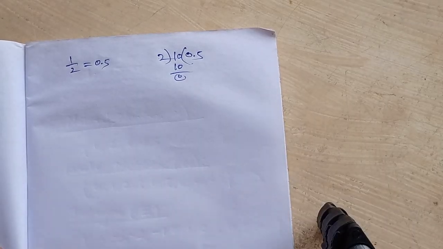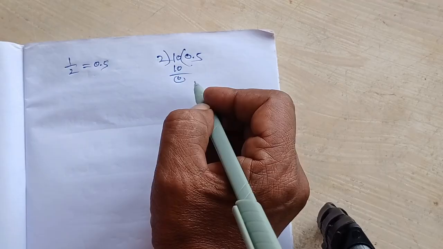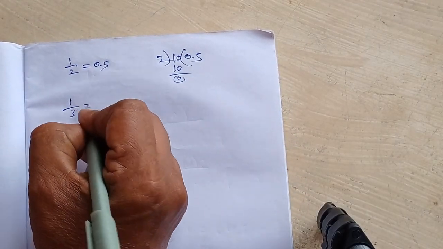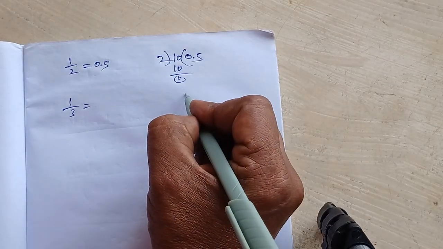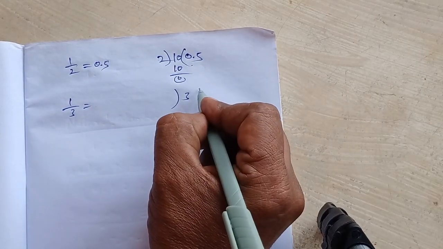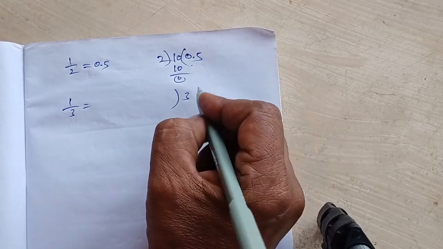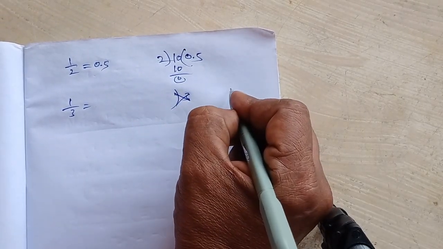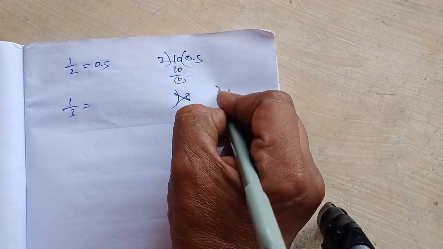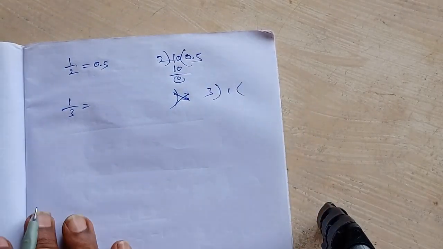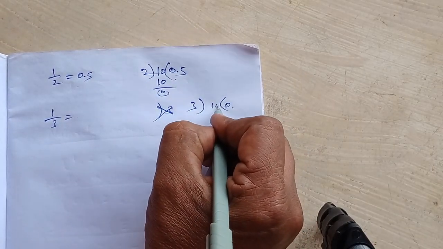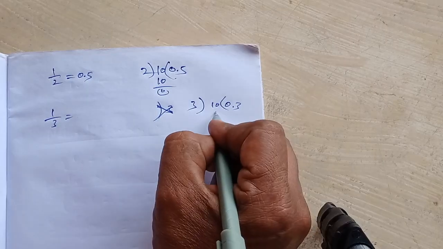Now if you want to express 1 by 3 in decimal form, when 1 is divided by 3, here also put a decimal point, take 10, 3 threes are 9.